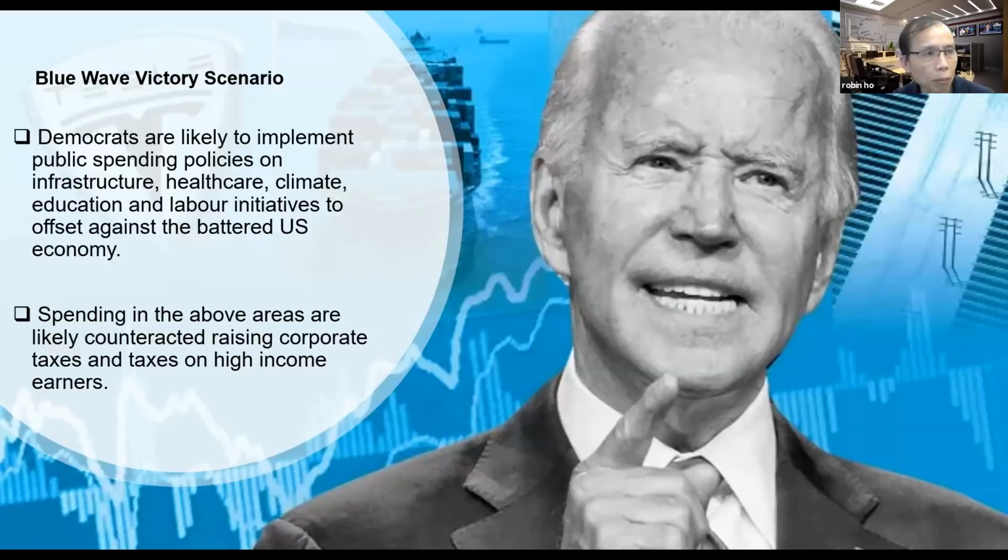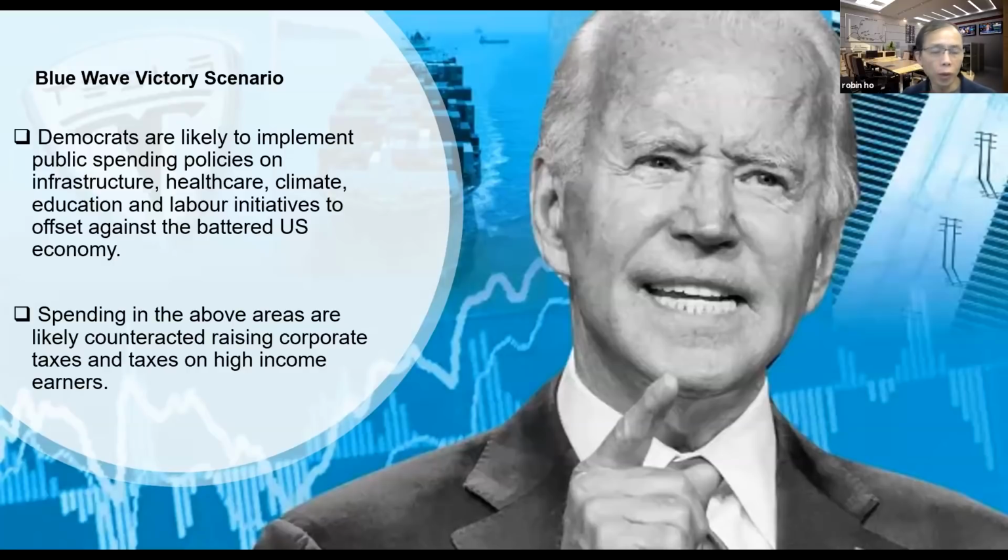Some of the plans that stand out in Biden's campaign policy is spending, a lot of money to get out of this economic crisis. The spending is likely to be counteracted by raising corporate tax and tax on high income.